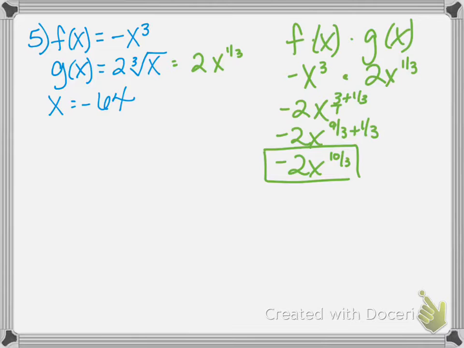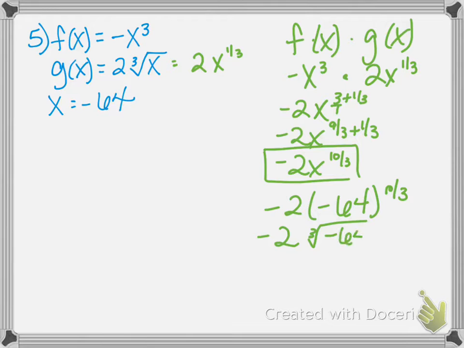After we're done, plug in that negative 64 and solve. We can rewrite this as the cube root of negative 64 to the power of 10, which is going to give me negative 4 to the power of 10.